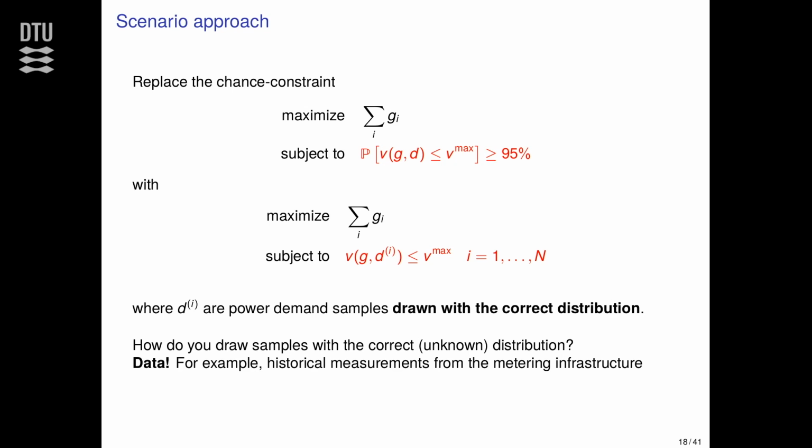And the idea is, of course, to use data, because by definition, the historical measurements of power demands are samples from the same distribution you're trying to use in the optimization. So instead of saying, oh, I think the distribution is Gaussian, I think it's Poisson, I think it's uniform, I just say I don't know the distribution, I don't even try to identify it, but I just take samples from the same distribution, which I'm sure is the correct one, okay?